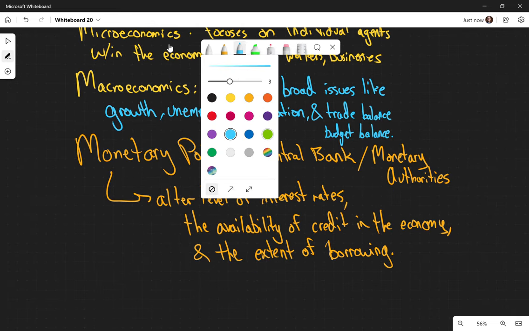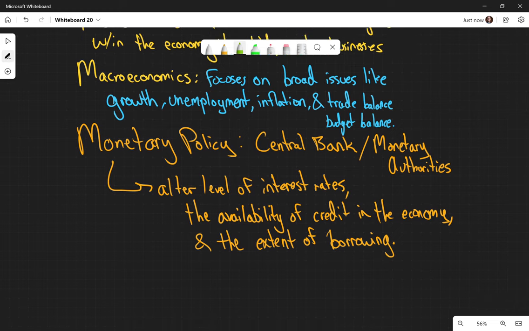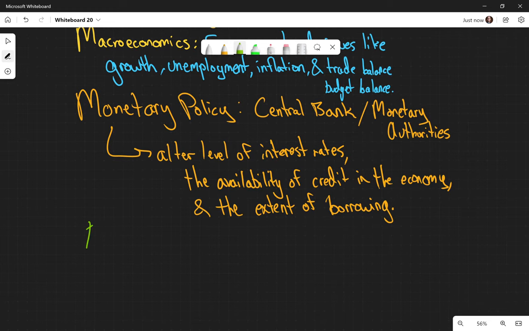The other part, and then we're going to switch over probably to our Kahoot here in a second. The other one is fiscal policy. Fiscal policy is maintained by the nation's legislative body.